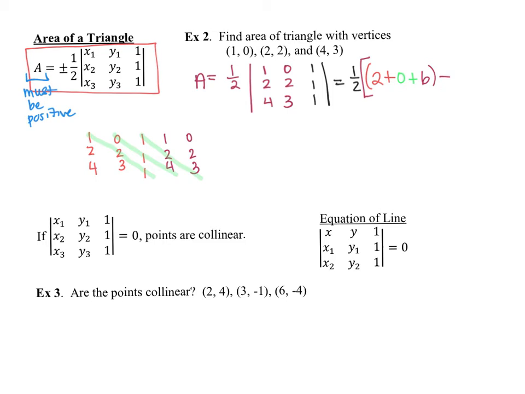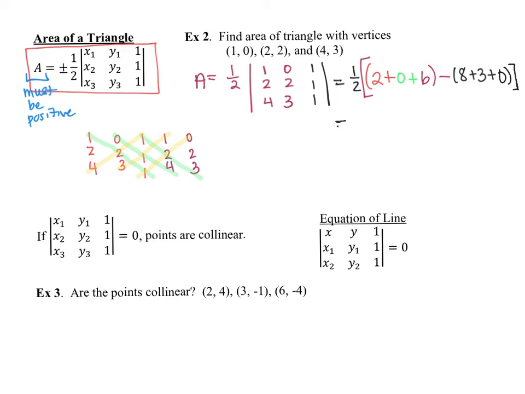Okay, now I'm going to go in the opposite direction. I'm going to start on the bottom left. Try to draw your matrix straighter than me. 4 times 2 times 1 is 8. Okay, let's try the next one. 3 times 1 is 3. 1 times 2 times 0 is 0.